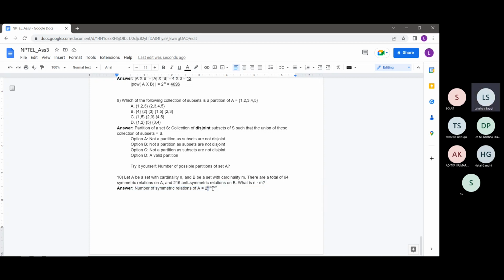So this whole expression, n times n plus 1 by 2, is in the power, and 2 is the base. So this is the formula for the number of symmetric relations of A.